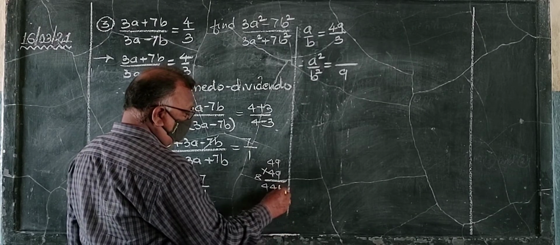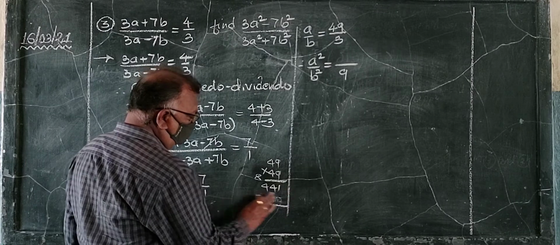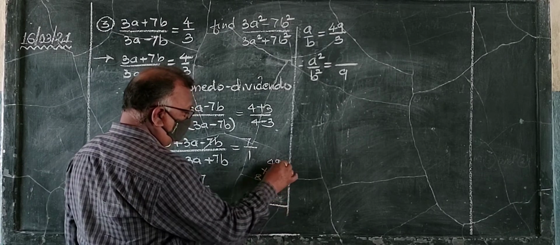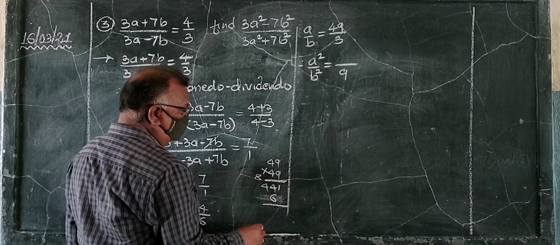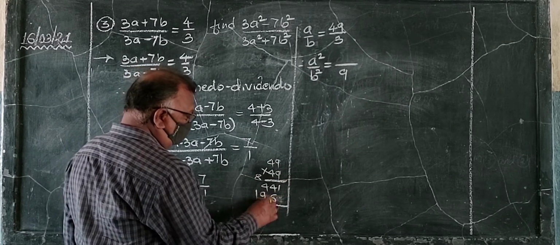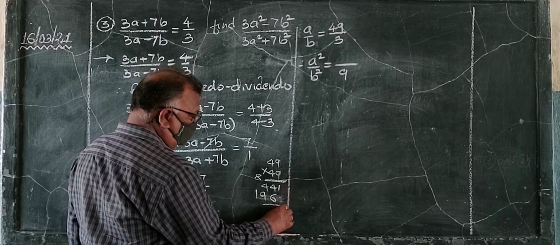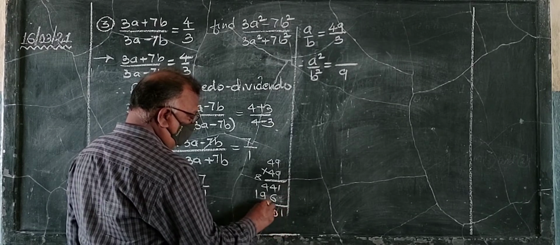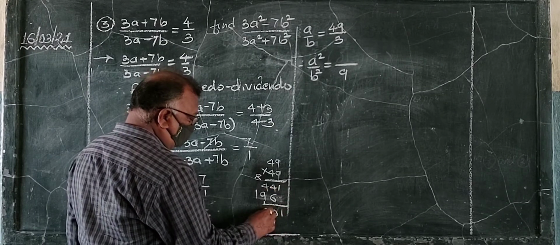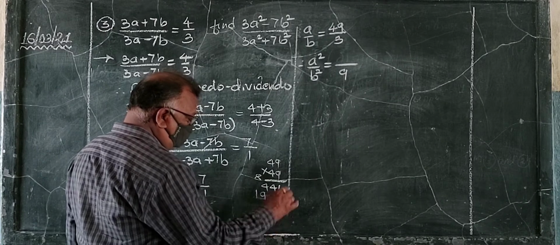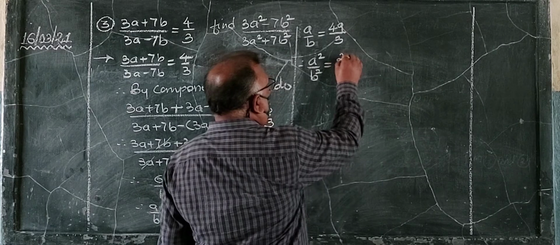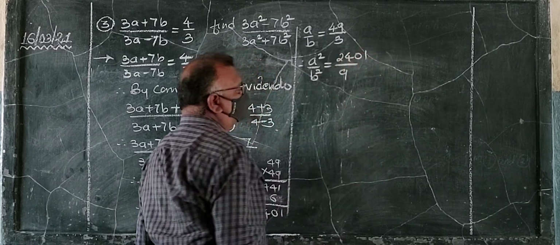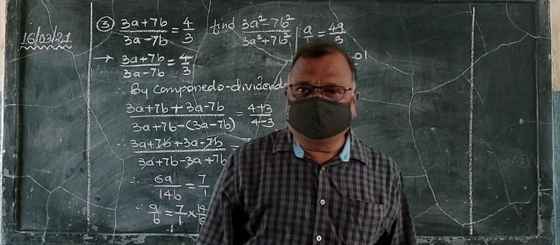So what we get? 4 nines are 36, 4 fours are 16 plus 3 is 19, and we get the answer 1, 0 carry 1, 10 plus 4 is 14, so 2401 is the square of 49.